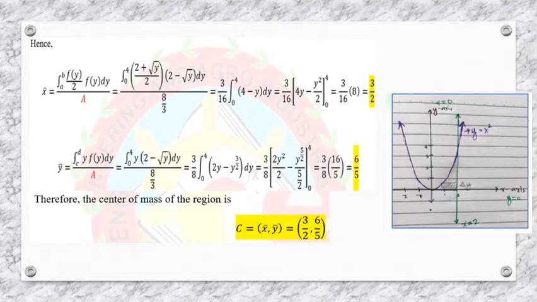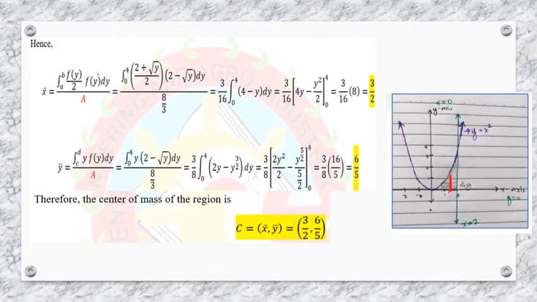Sa center of mass naman, plus na. Okay, 2 plus the square root of y, kasi right plus left. Okay, kaya ito naging plus over 2 kasi over 2 ito.